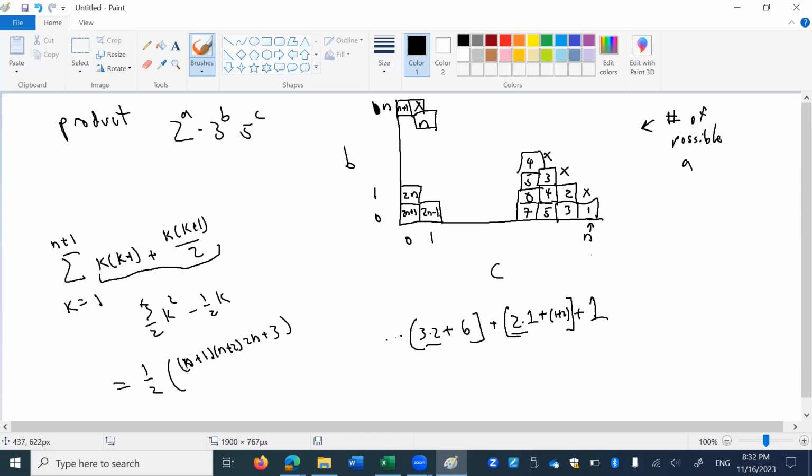And then it should be divided by 6, but I have this 3 over here, so only divided by 2. And I factored out the 1/2, so I still have a 2 here. And then minus the sum of k's from k equals 1 to n plus 1, which is n plus 1 times n plus 2 divided by 2.